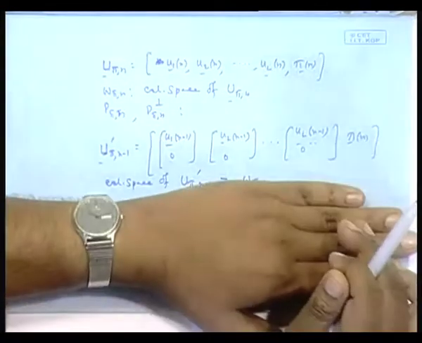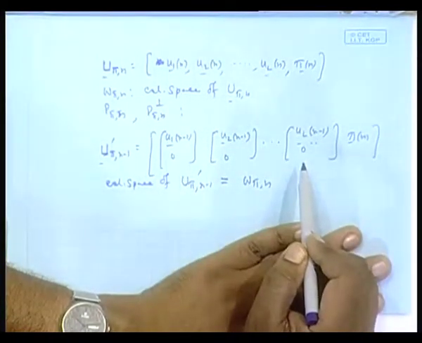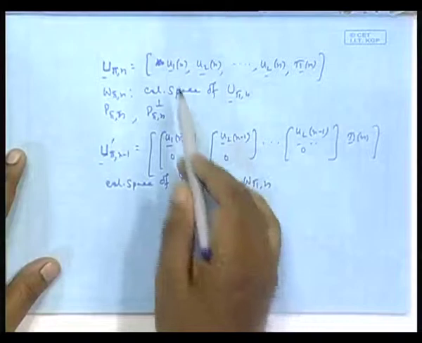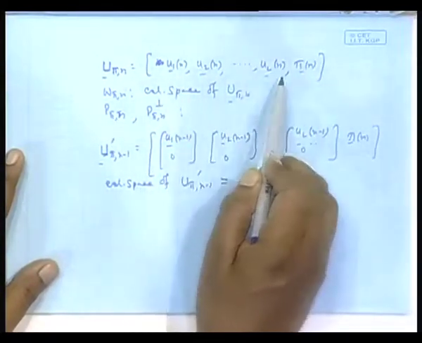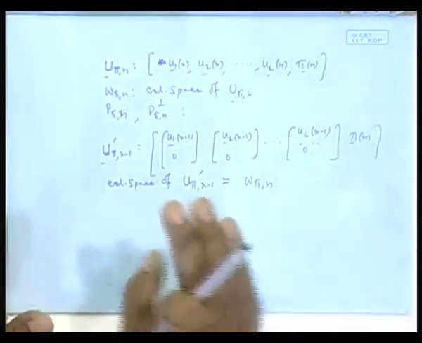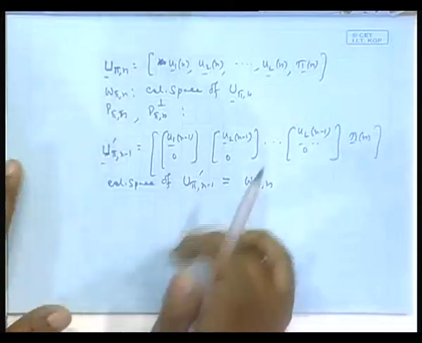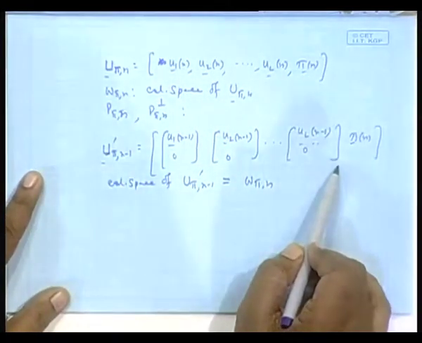Firstly, you consider this. And consider this. First, I show that the column space of this matrix is contained in the column space of this matrix, and then I will show the reverse. First, consider pi n. Pi n is present here, present here.